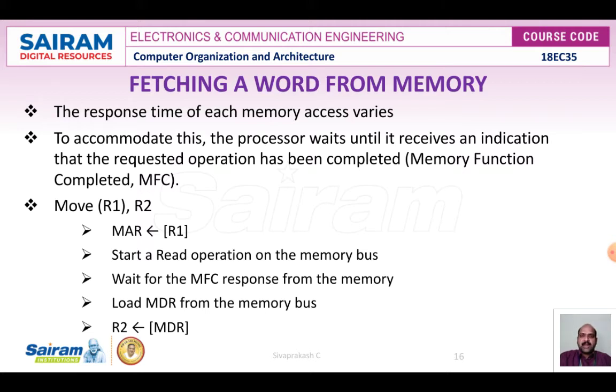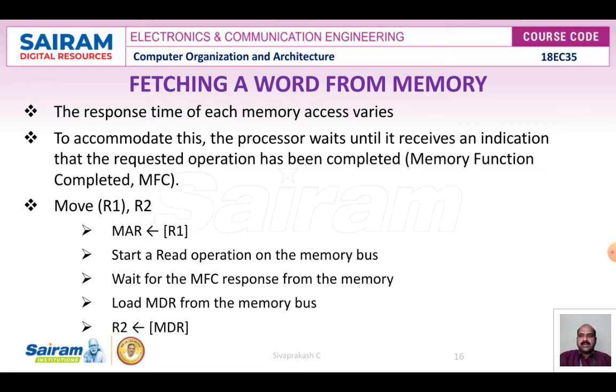The response time of each memory access varies based on the cache miss or memory mapped IO. To accommodate this, Memory Function Complete is going to be used. So the processor waits until it receives an indication that the requested operation has been completed by the memory, so an MFC signal is going to be received from the memory by the processor.